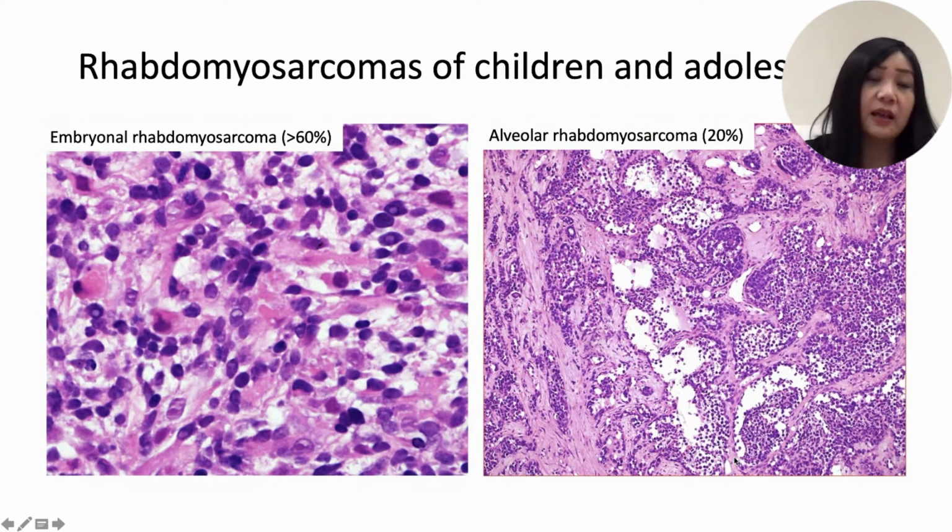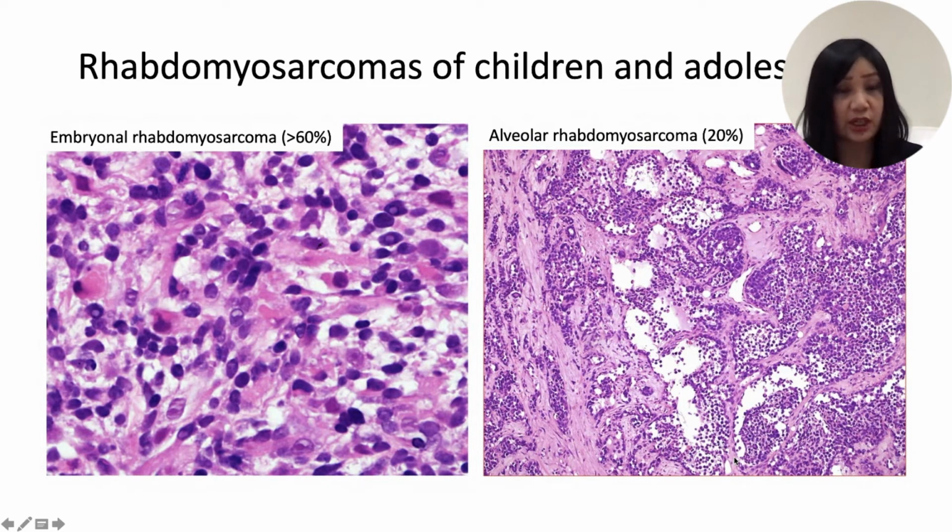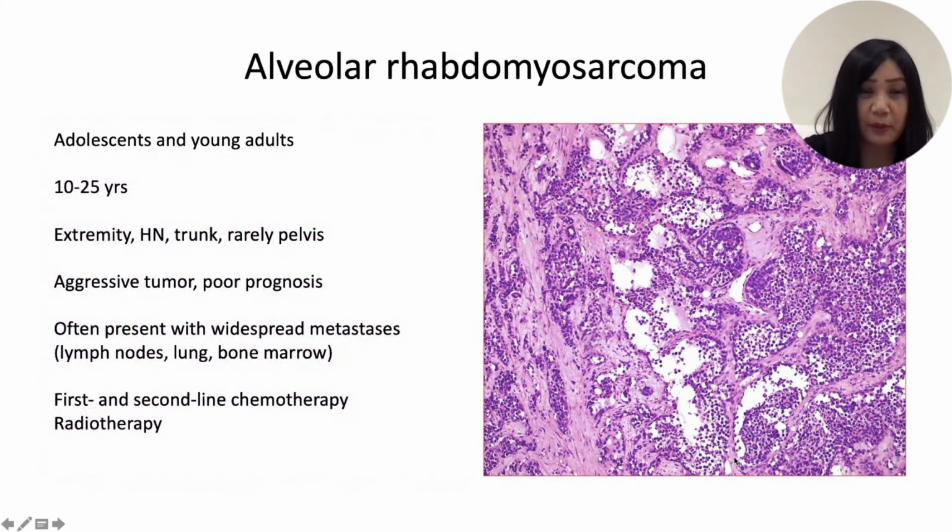60% of cases are of embryonal subtype, and we know, of course, that embryonal rhabdomyosarcoma is not a small round cell neoplasm, but has a very heterogeneous morphology and sometimes has sheets of ovoid cells which can mimic a round cell sarcoma. Alveolar rhabdo accounts for about 20% of rhabdomyosarcomas of young people.